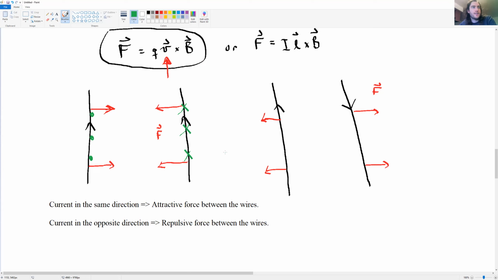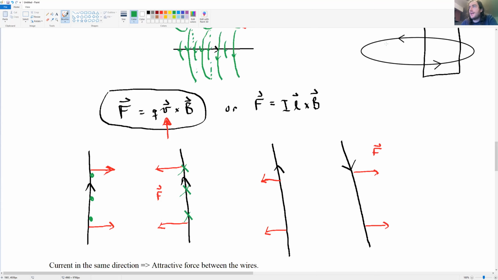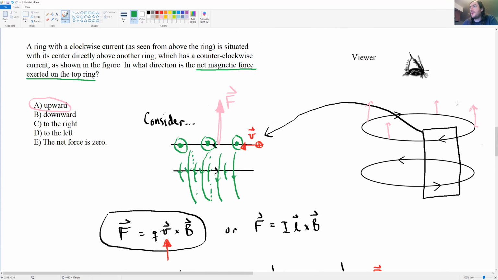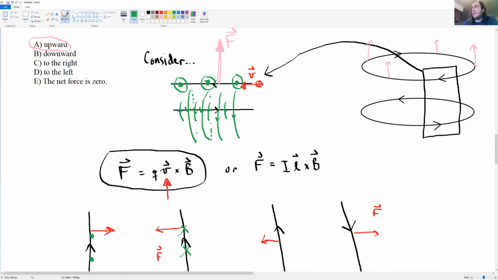Remember that current is always charge with velocity, right? It's moving charge. So when I say the direction of V, I mean the direction of the current. Okay, so we can go ahead and take a quick look back at this problem here, and we can see that the currents are flowing in opposite directions, and so there will be repulsive forces. That means that on this ring, there are forces in the downward direction, right?